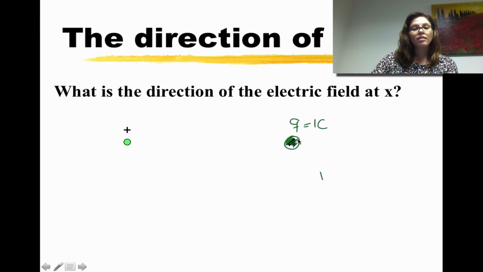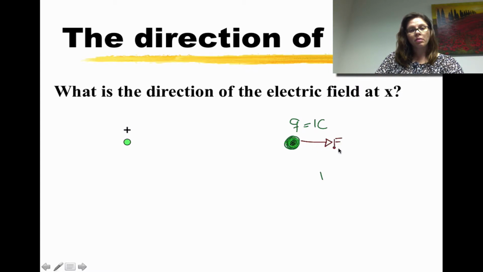Now this 1 coulomb charge doesn't actually exist, but we're just going to say what would happen if. So we have a positive charge and a positive charge. They repel each other, so our force would be this way.